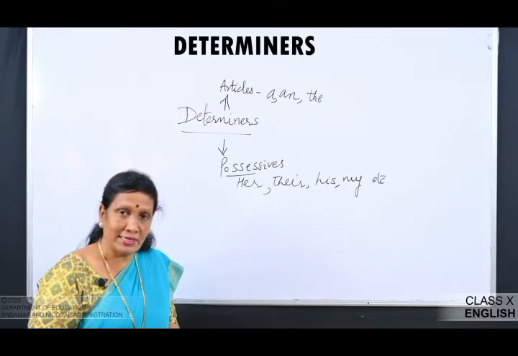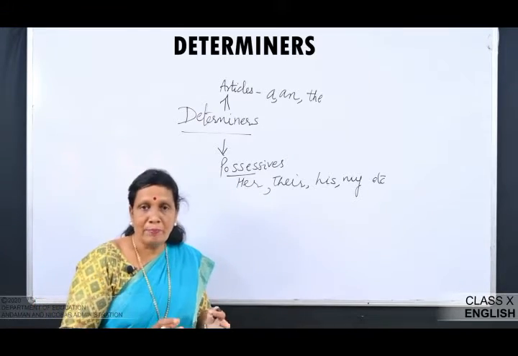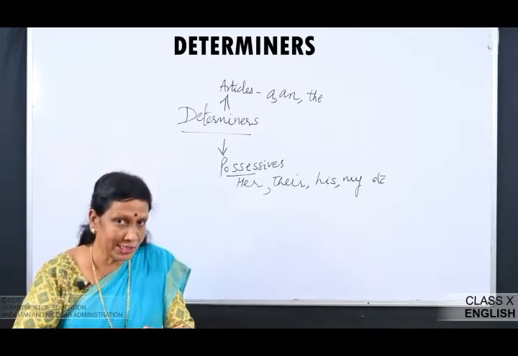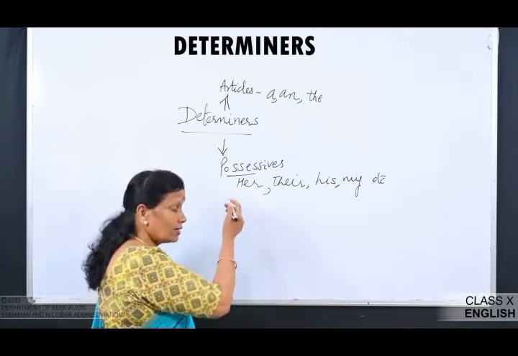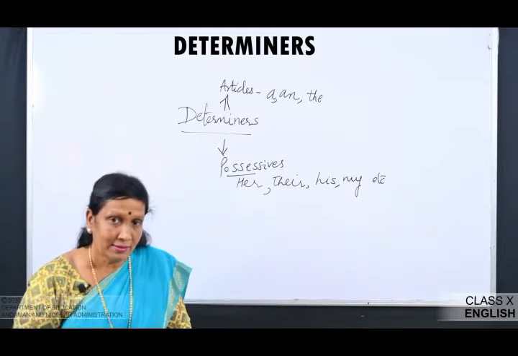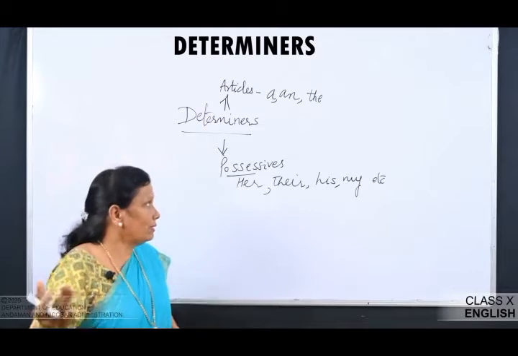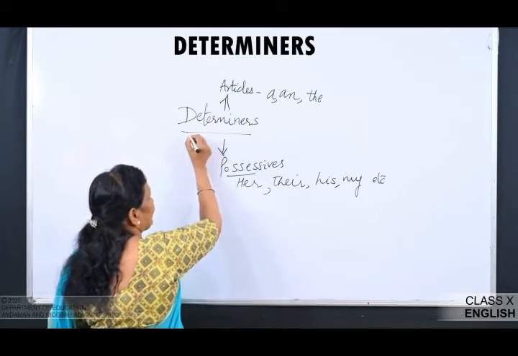If you try to understand it in this way, possess means to have something, or something which belongs to somebody. This is her house. That is their office. We'll be learning more about that.